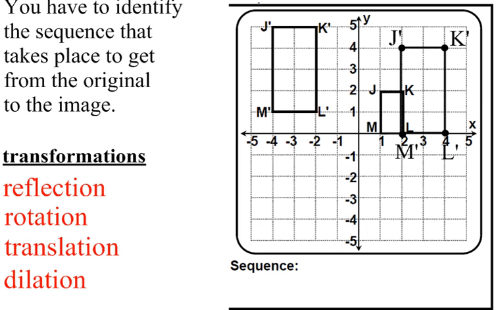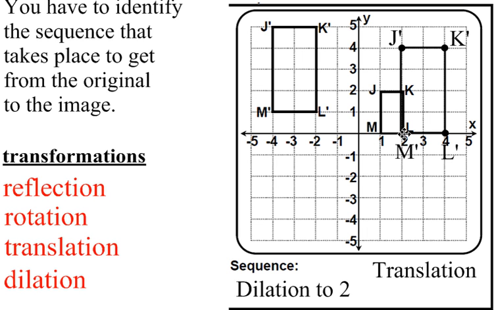So far we have a dilation by a factor of 2. That's the first in the sequence, dilation by a factor of 2. And a move to the left and up is called a translation. So that's the second in the sequence.